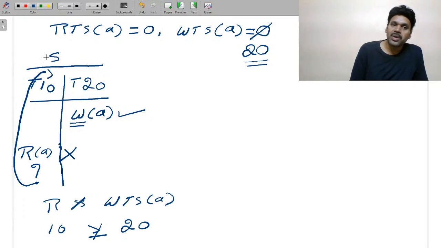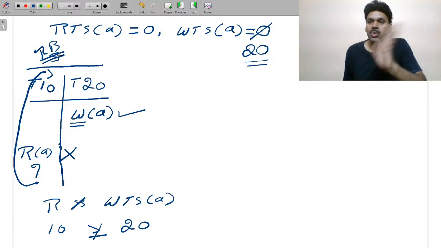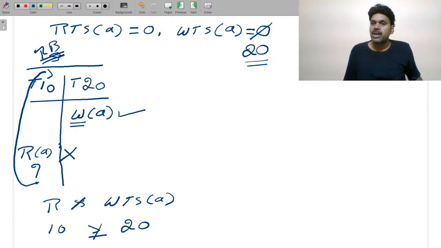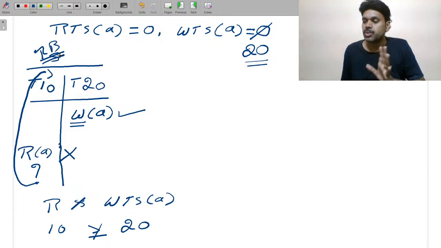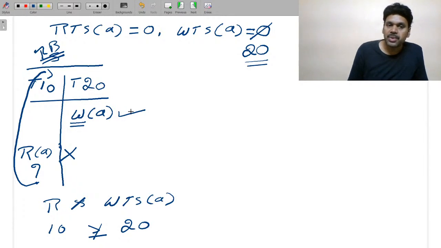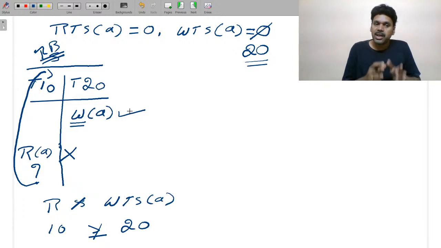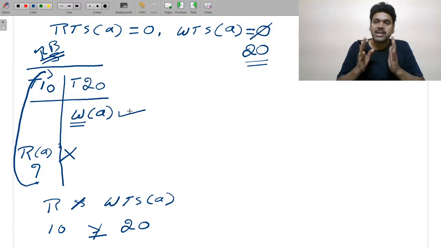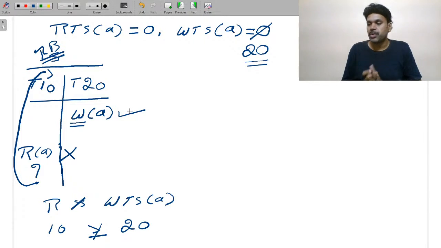Then T10 is going to roll back. Here T20 is not going to be rolled back. Why? Because T20 is not dependent on T10. Just T10 is going to be rolled back because it does not satisfy the timestamp ordering protocol. Clear?